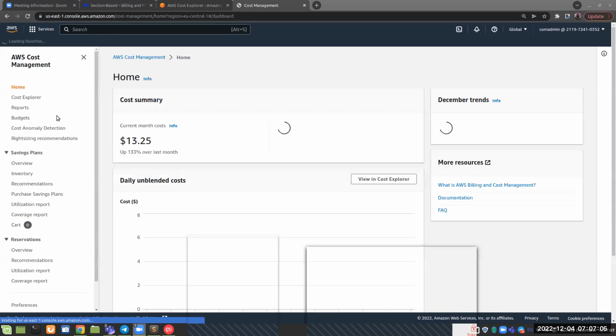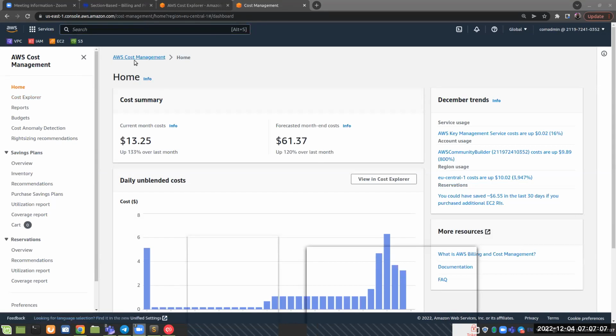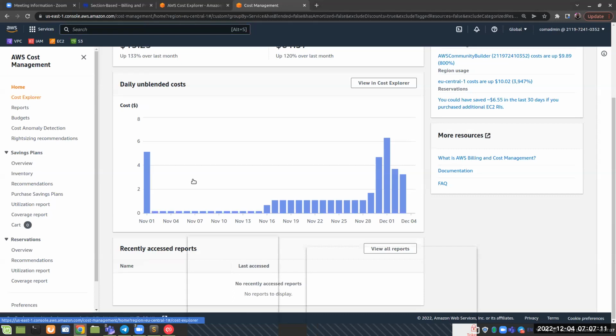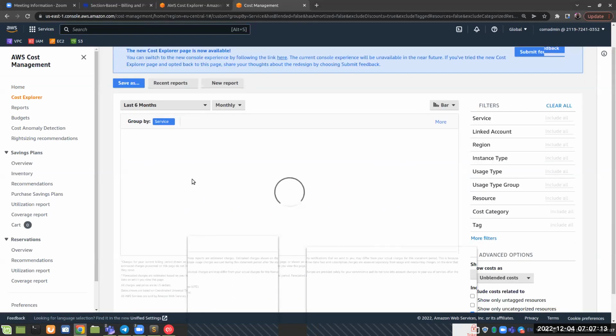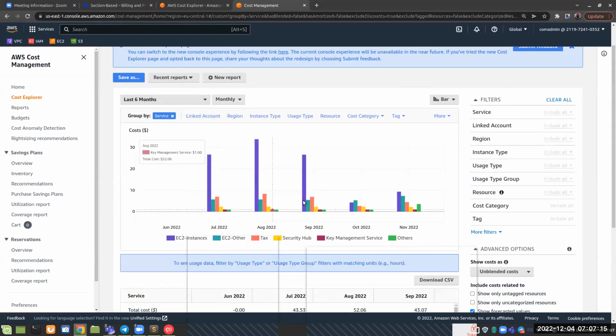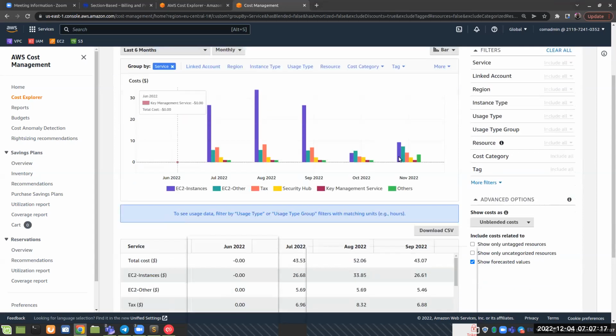So if I come here to Cost Management, I can come to Cost Explorer and it will give me a report for the last 6 months. Remember, it's a visual way. It will tell me what is consuming. If you look at this, EC2 instances, other EC2, Security Hub, I'm using the Key Management Service and others as well.